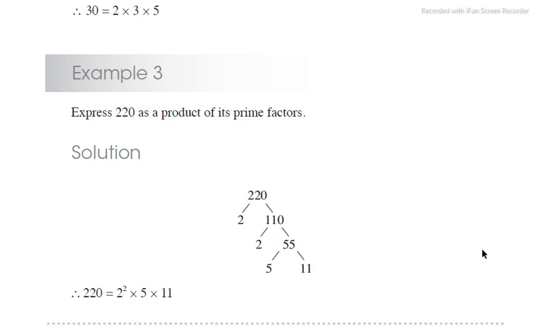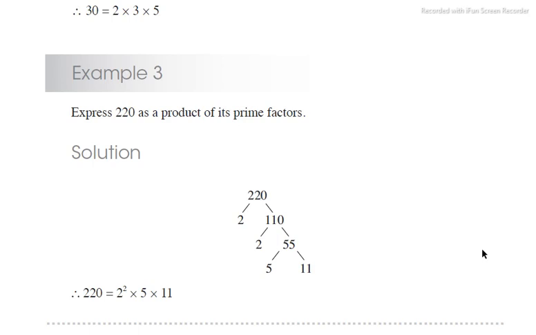So if we use the factor tree method, we shall start with 2. We divide 220 by 2 to get 110, which we still divide by 2 to get 55, and 55 is divided by 5 to get 11. 11 by 11 you get 1.